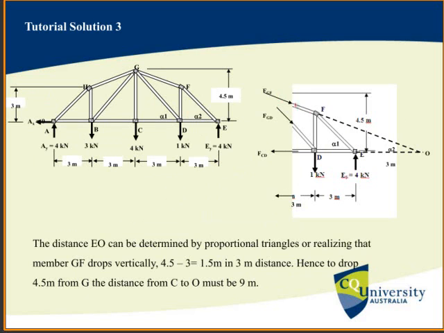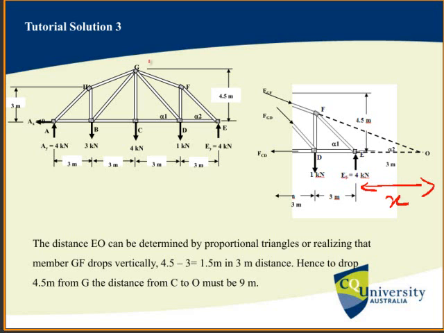Now what we did, we extend the member GF up to O, where we cut the member DE. This is extension of the member DE. So we need to know the angle and the distance of EO, this distance x.